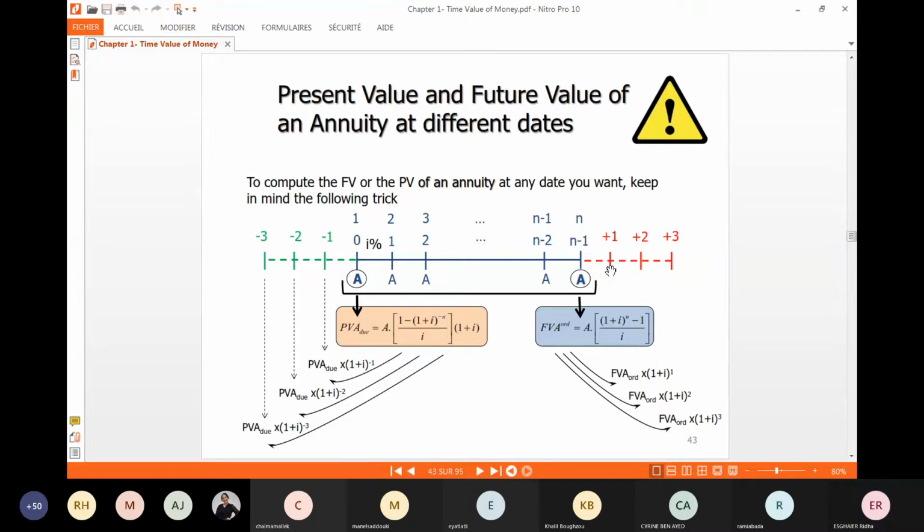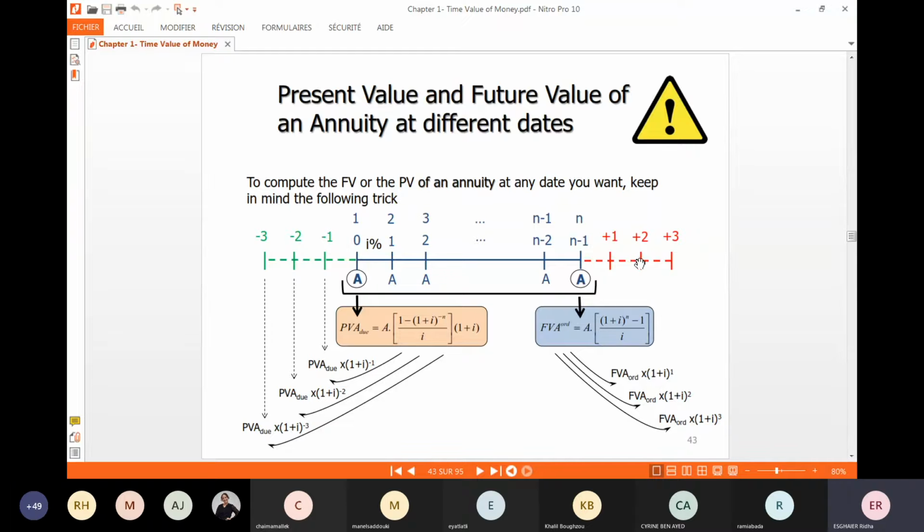We know all these A's are worth this amount at this date. So to compute their value 1 year from this date, we have to compound them for an additional 1 year. We treat this as a lump sum, a single amount. The future value of an amount 1 year from now is equal to the current amount times (1 plus i) power 1.